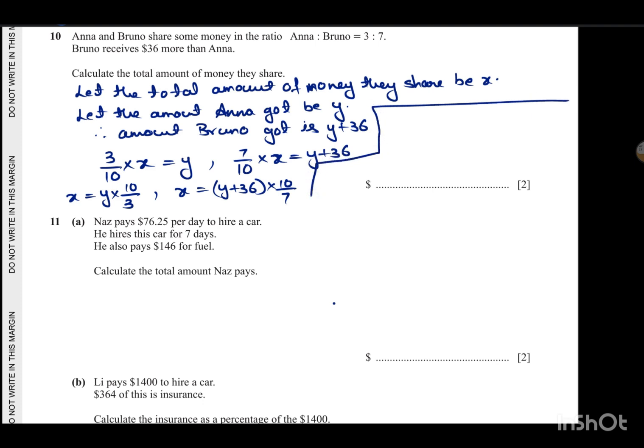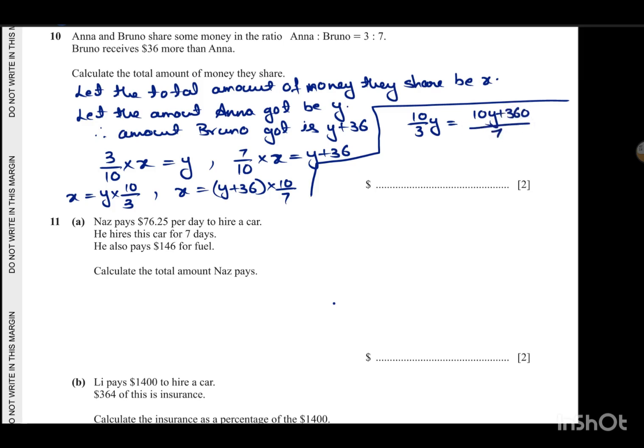Y into 10 by 3 can be written as 10 by 3 y is equal to 10y plus 360 by 7.